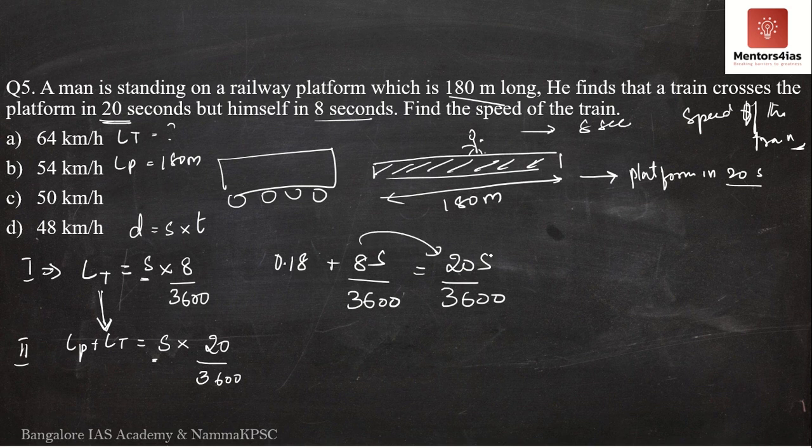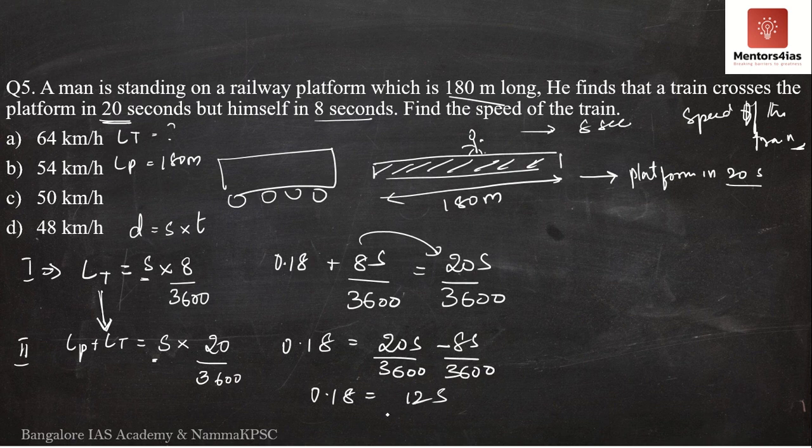I'll take this to the right hand side. I get 0.18 is equal to 20s divided by 3600 minus 8s divided by 3600. Therefore, 0.18 is 20 minus 8, 12s divided by 3600.